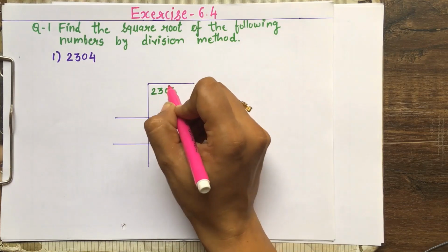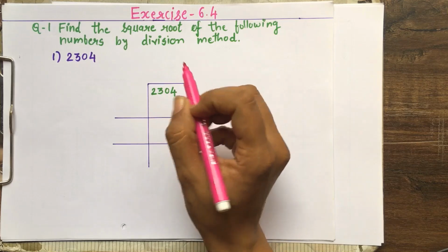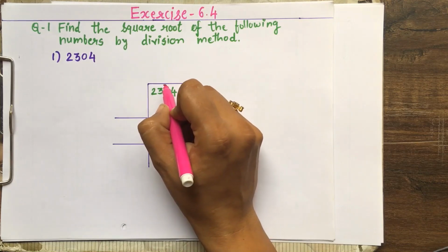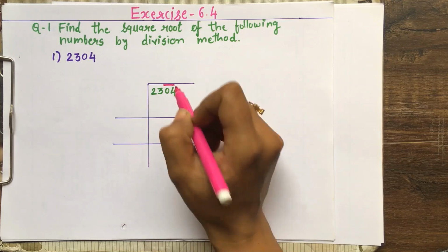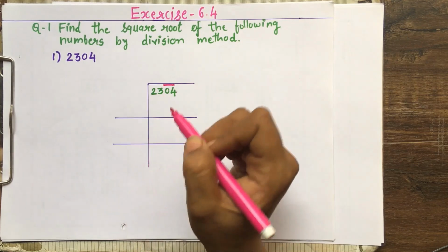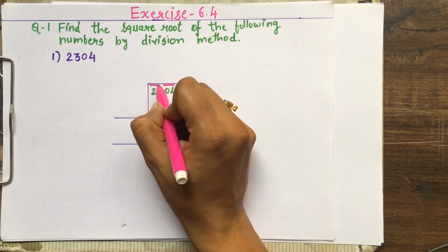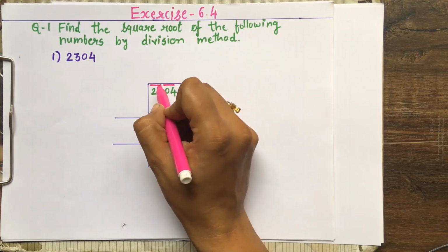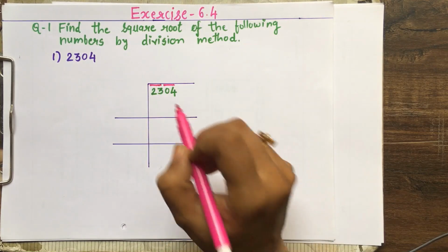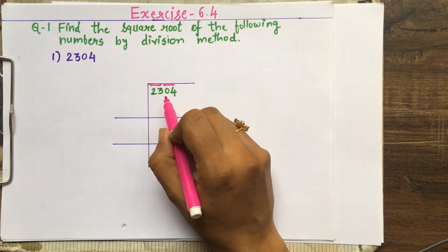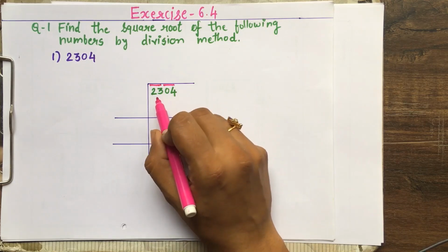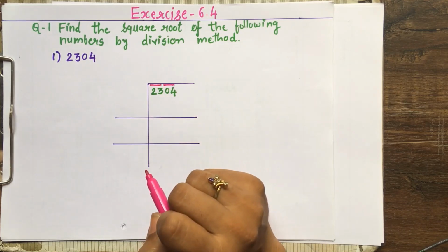So starting from right hand side, my first group will be 04 and I'll put a bar over it, and the second group will be 23. So I have divided this number into two groups, that is 23 and 04.